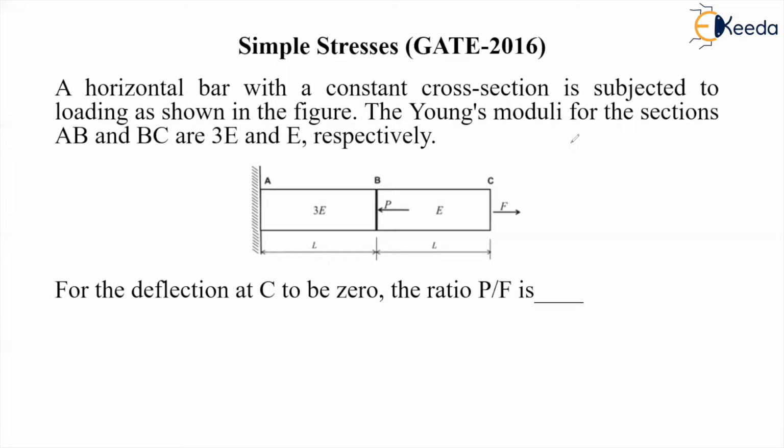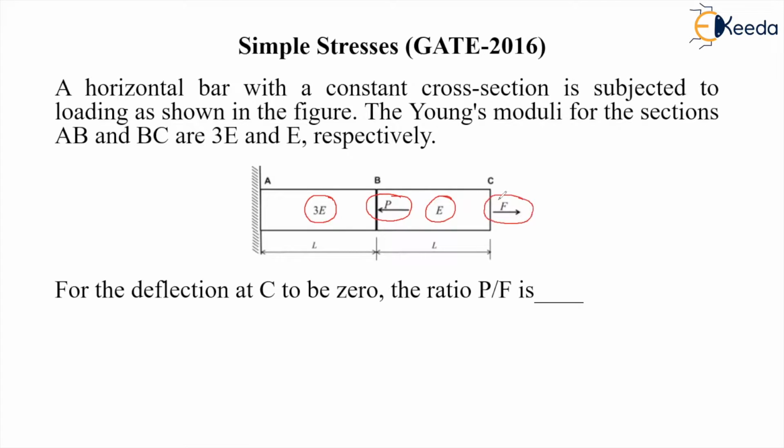So here we are given a bar which has two sections AB and BC. The modulus of elasticity of the AB part is 3 times E and the modulus of elasticity of the BC part is E. At point B, a leftward load P is applied, and at point C, a rightward load F is applied.